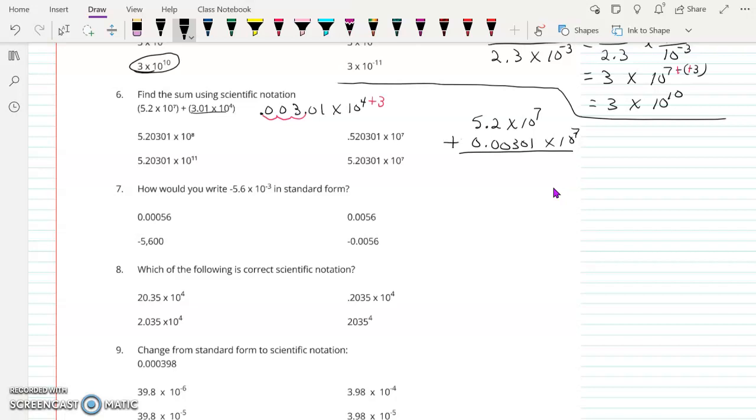And I'm going to add those numbers together. So let's see, if I follow along here, it looks like we're going to have 5.20301 times 10 to the 7th power, which would be this answer right here.